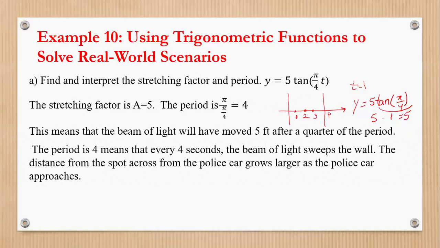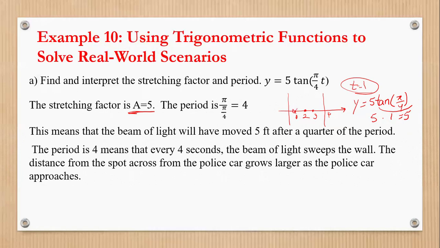When we say the stretching factor is 5, that 5 is when t is equal to 1. That's why we say that the beam of light moved 5 feet, because y is the distance in feet. So we say A is 5 feet after a quarter of a period, which is this point.